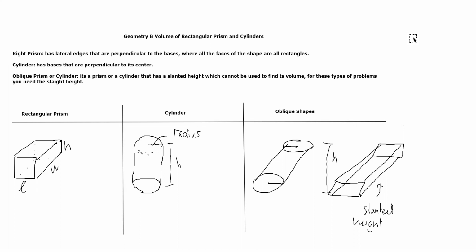Sometimes the box will have rectangular sides to it, and that is what we call a rectangular prism, as you can see below here.